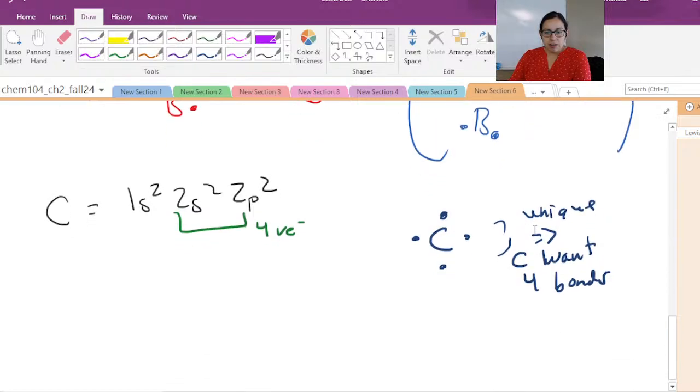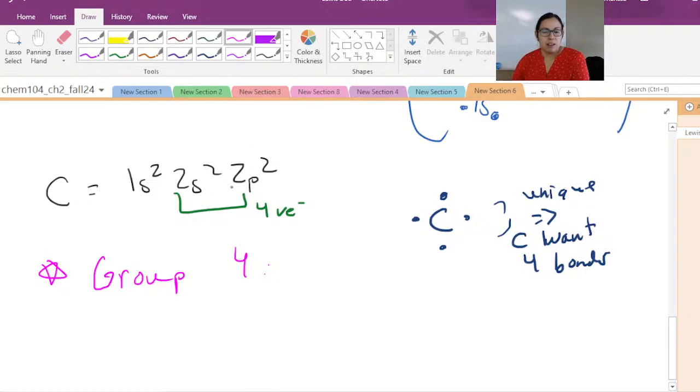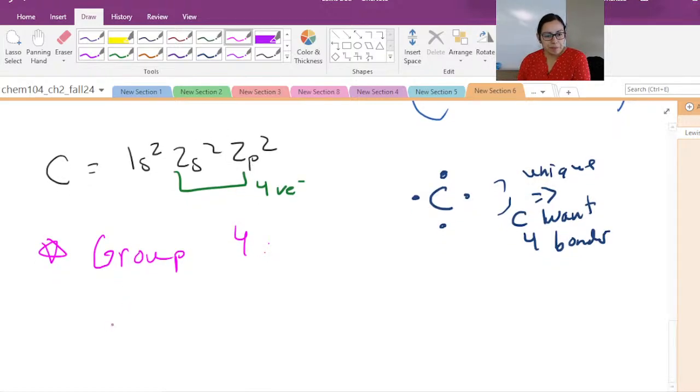And so kind of an aside, if we were to look at silicon, because in theory, all these Lewis dot structures should be the same for every family, because they have the same reactivity. Carbon in group 4 is the only exception. So we're going to say all other group 4s would match like this.